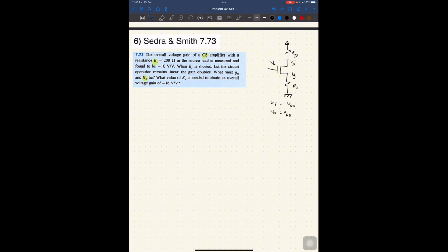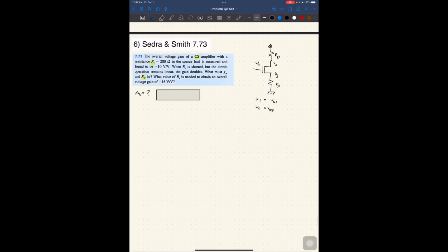Now, I need to find AV equals what? If you have the formula memorized, then that's good on you, you can just skip the following. I don't, so I'm going to have to derive it from first principles, which kind of sucks. But anyways, to get AV, I'm going to have to transform this. I'm going to use the pi model. I use G, S, D. GM VGS.